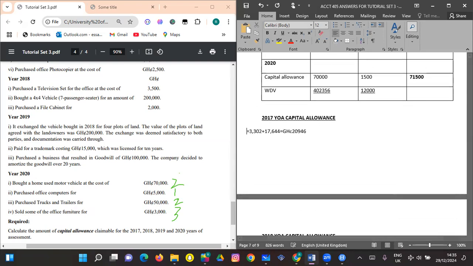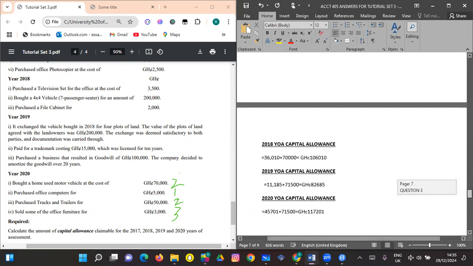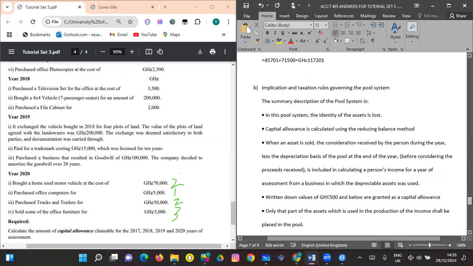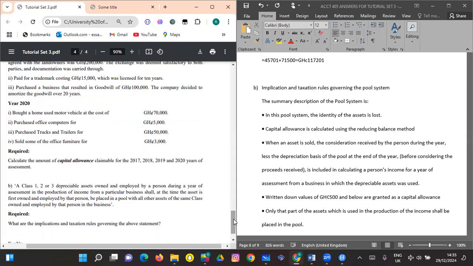All right. So let's talk about the B part. So the B is talking about class 1, 2, 3 assets owned and employed. Talking only about class 1, 2, 3.